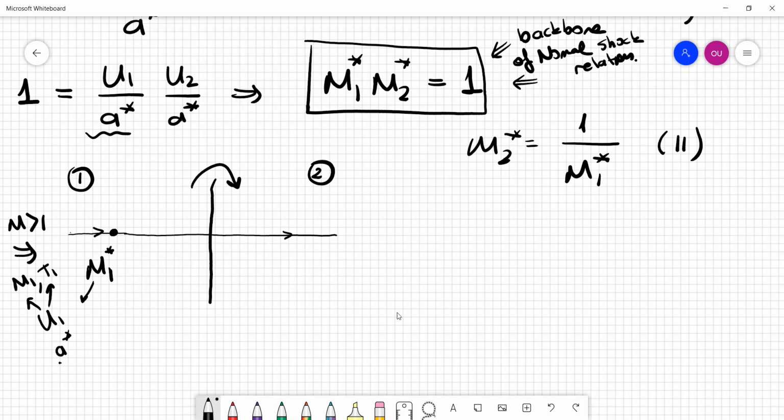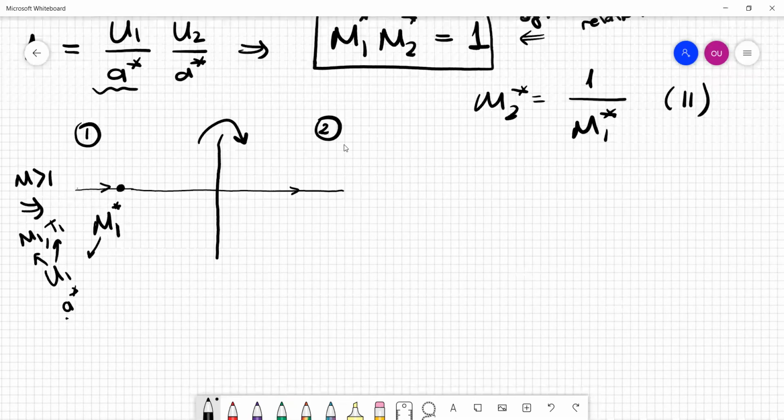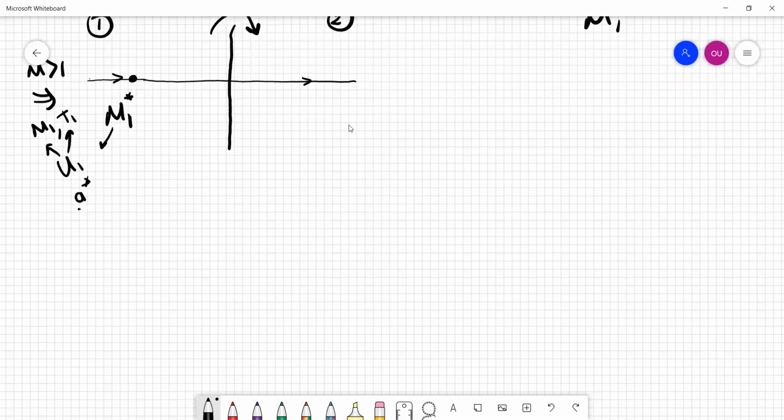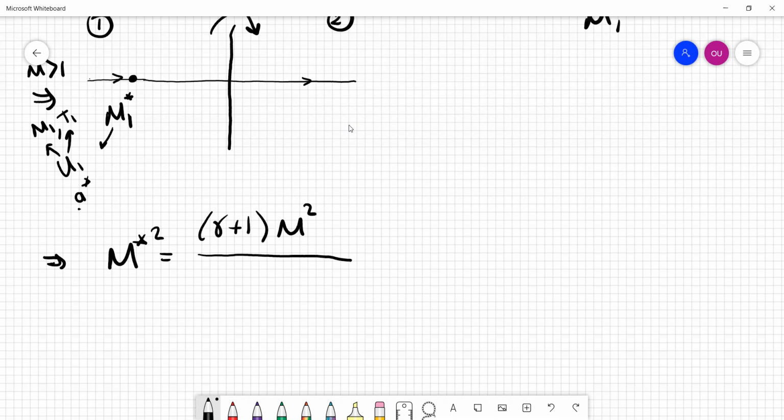How? Because, for example, this says M1 star, M2 star, but what is M star? We already have an equation for this, right? Just at the end of the previous hour, we said that M star is a function of the local Mach number. Let me write that relation again here: (gamma plus 1) times M square over 2 plus (gamma minus 1) M square. In this case, if you're interested in state 1, you just write 1 here: M1 star square equals (gamma plus 1) M1 square over 2 plus (gamma minus 1) M1 square.